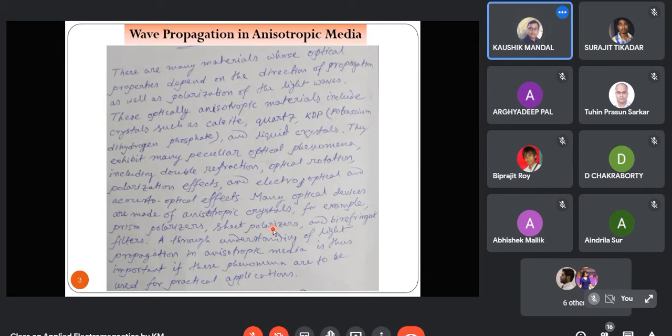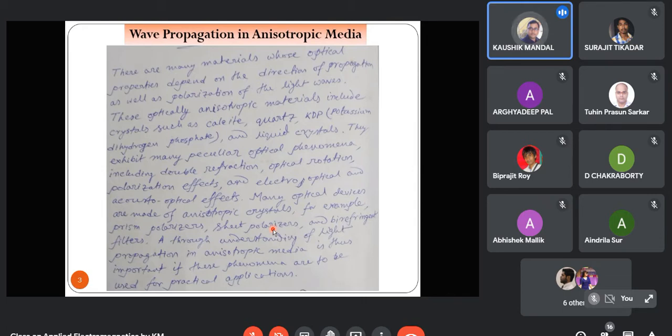So to understand the wave propagation in an anisotropic media, we have to thoroughly understand the light propagation or electromagnetic propagation in an anisotropic media. Because with the help of this type of anisotropic media, we can make different types of optical devices which are very useful in practice.